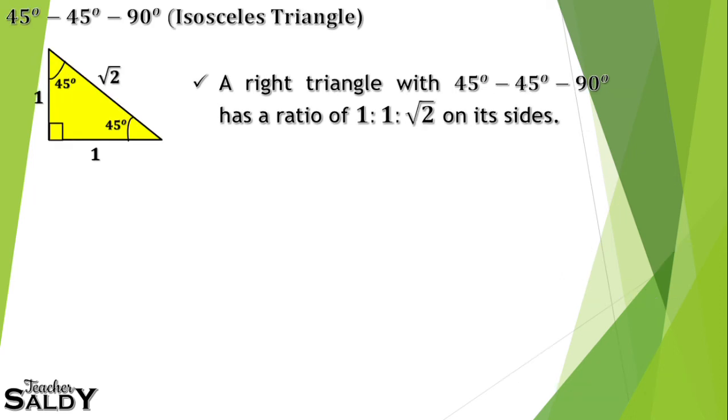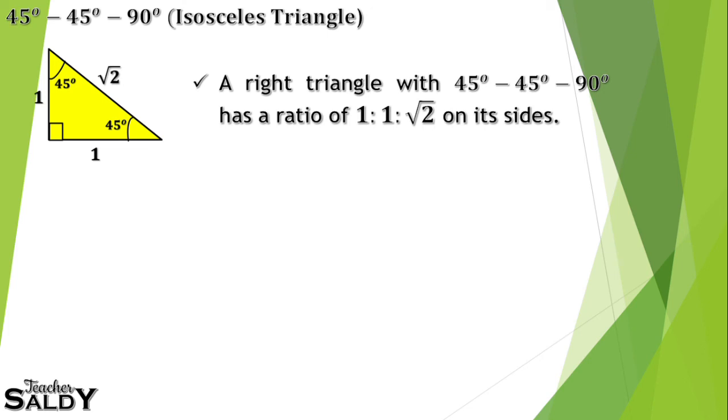Next, we have isosceles triangle or a right triangle with 45 degrees, 45 degrees, and 90 degrees that has a ratio of 1 is to 1 is to square root of 2 on its sides. So meaning to say, if you have one side, automatically the other side is also the same.